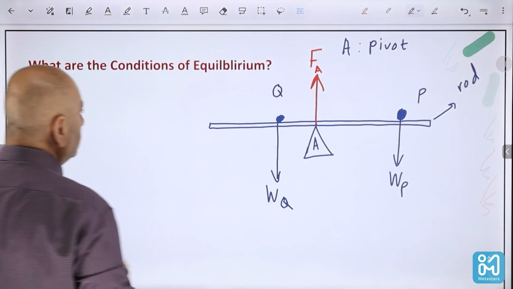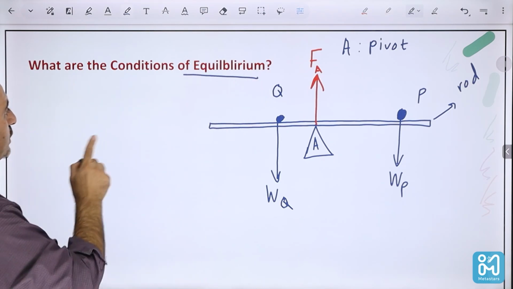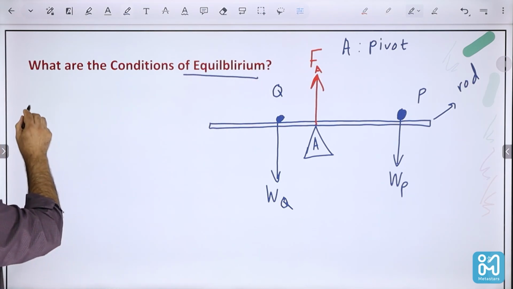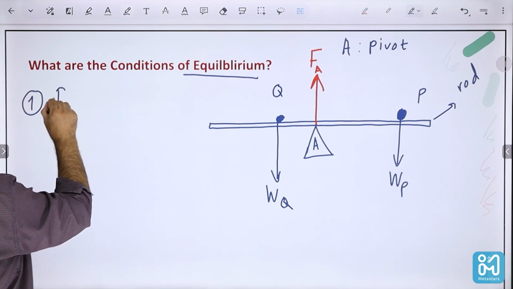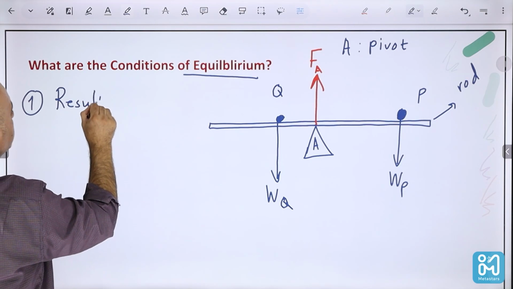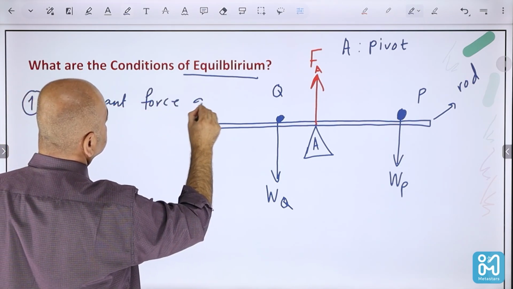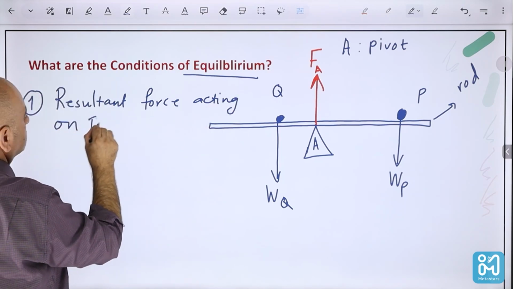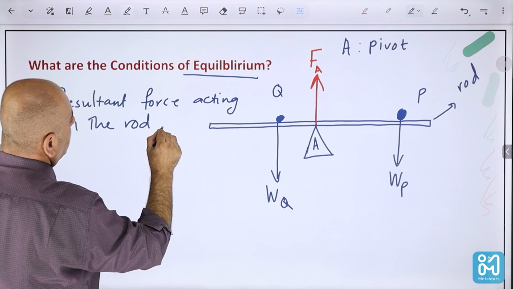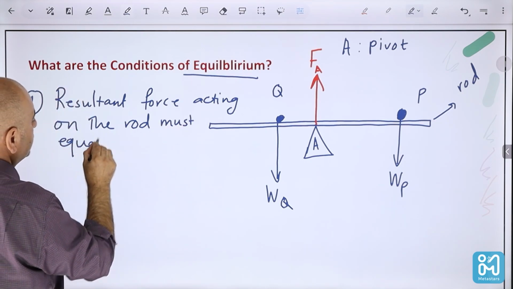Now, in order for the rod to be in equilibrium, which means balanced, there are 2 conditions that must be fulfilled. First, the resultant force acting on the rod must equal 0.